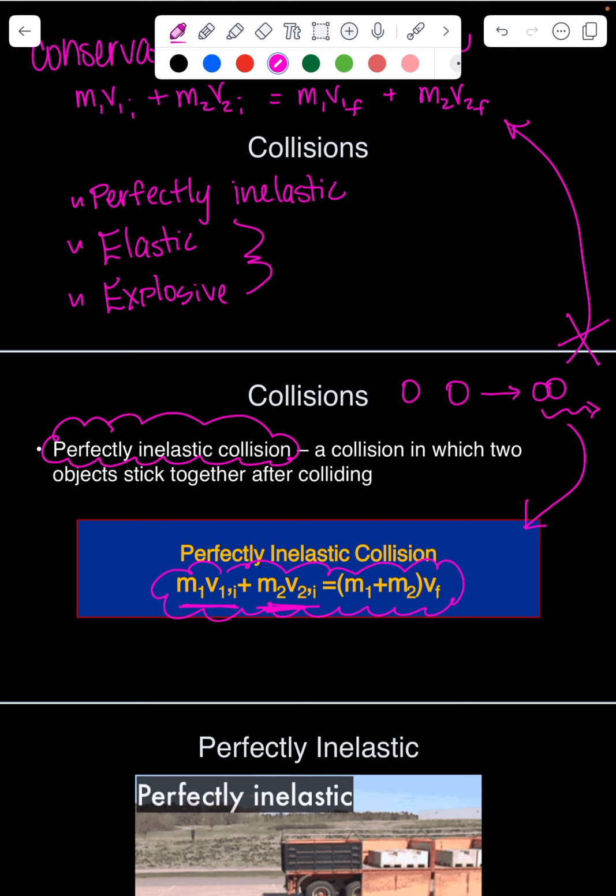But after that collision, since they move as one, we just add those masses together, and the biggest thing you'll notice is that we have one final velocity. We don't have v1 final and v2 final like in the original, because they're both moving as one, so we just have v final. This will be the fourth and final equation that you get on your test.